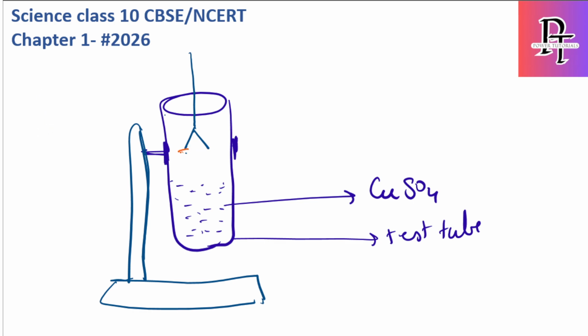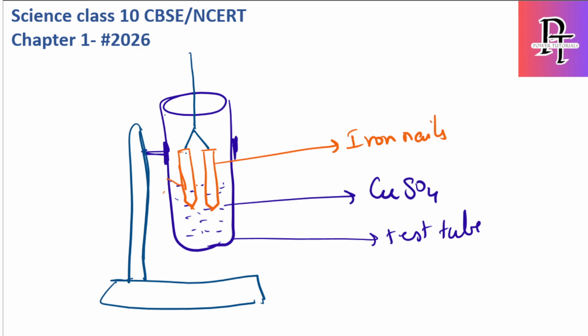So these are iron nails. Everyone knows nails, which you put in walls to hang anything. Using the thread I am dipping 2 iron nails inside the copper sulfate solution.